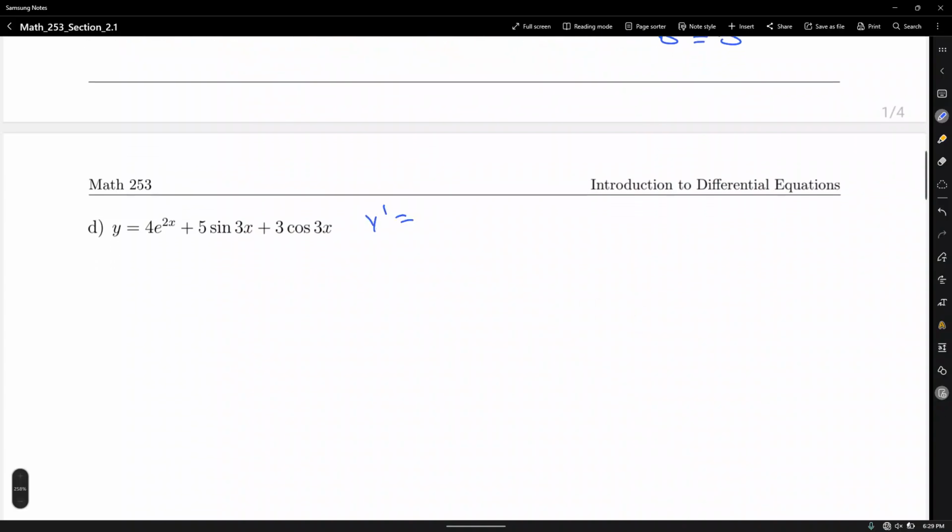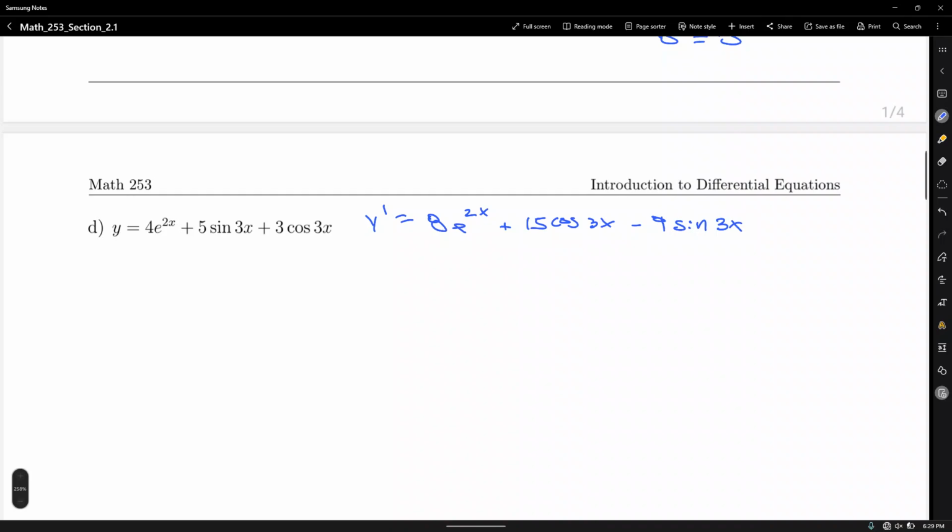Y prime equals 8e to the 2x plus 15 cosine 3x minus 9 sine 3x, all right? So that is the first derivative. What about the second derivative?